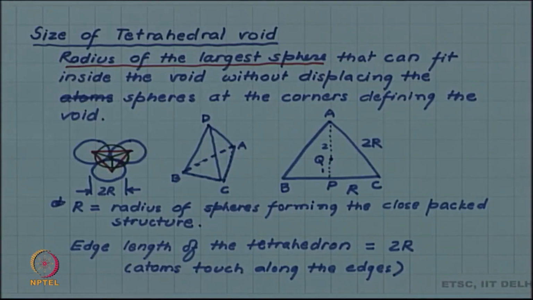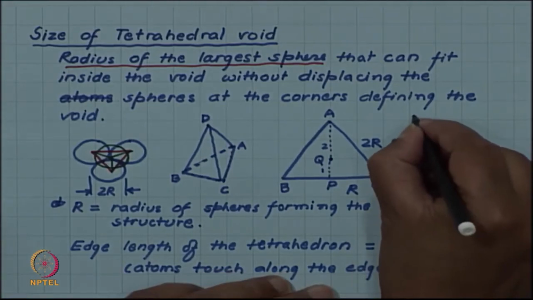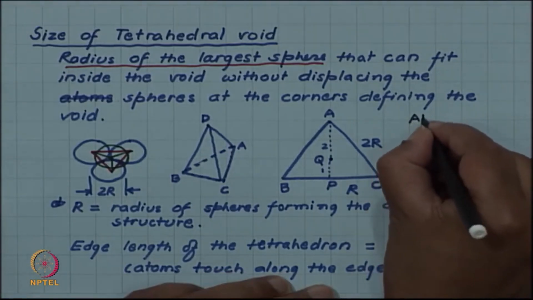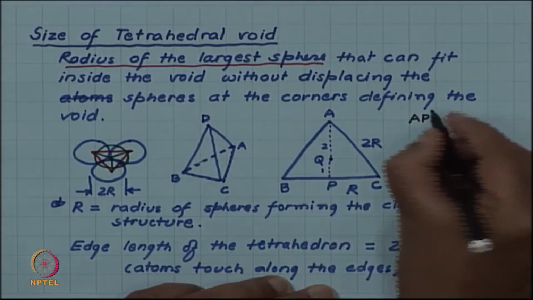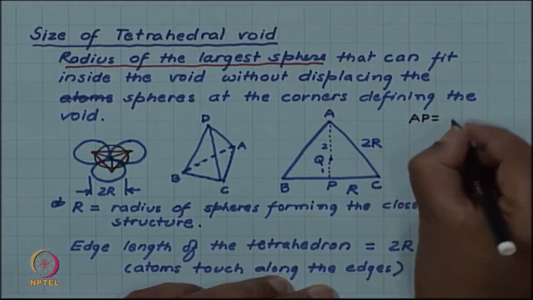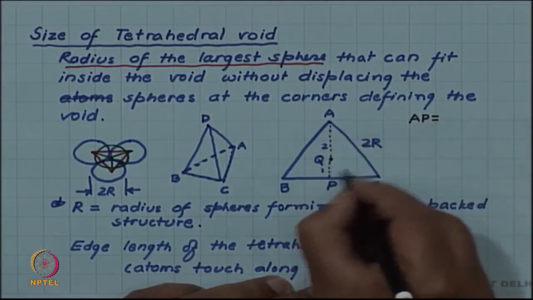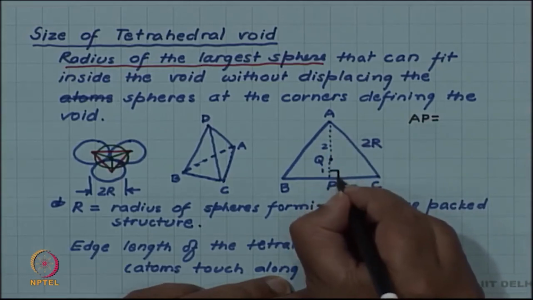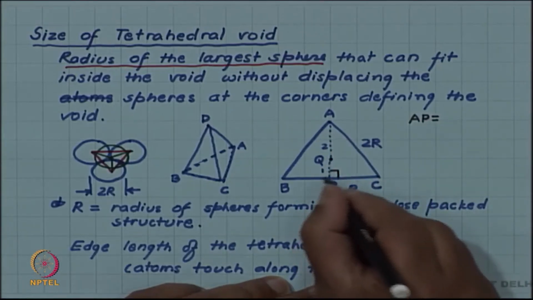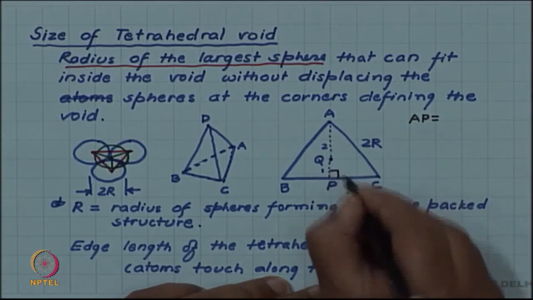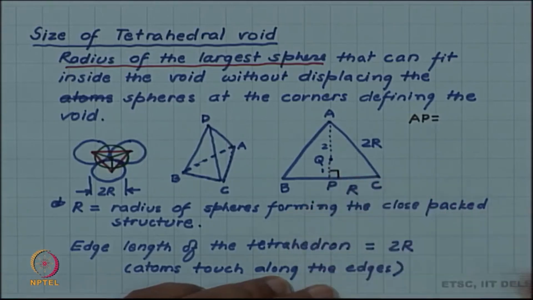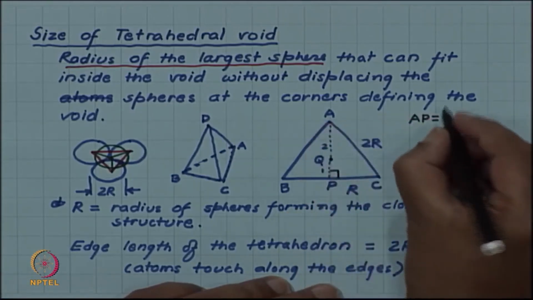So, this quickly gives us the height AP of the triangle. This is just the geometry of an equilateral triangle. In the triangle APC, we have APC as 90 degrees, that is the right angle, so AC is the hypotenuse.